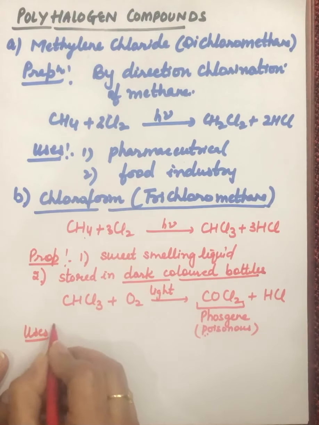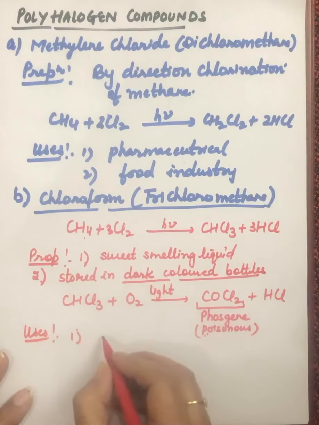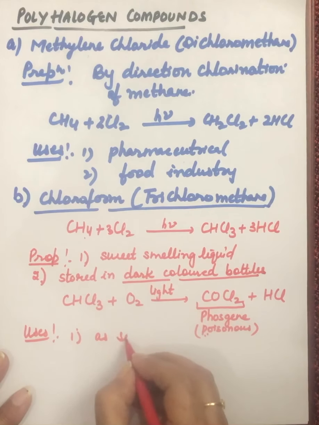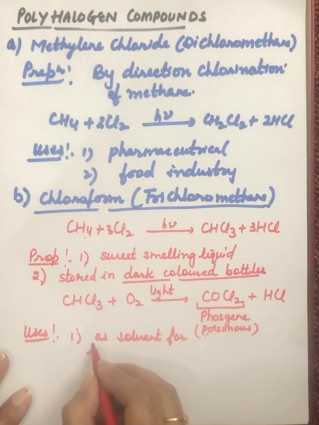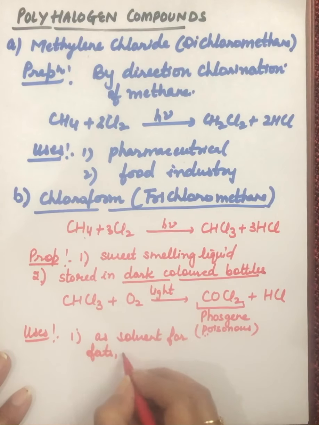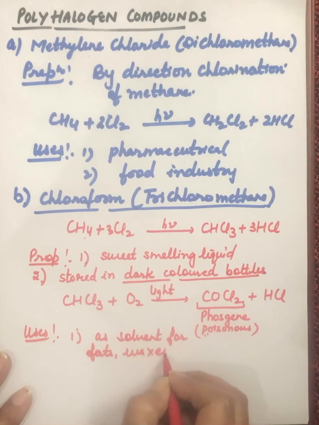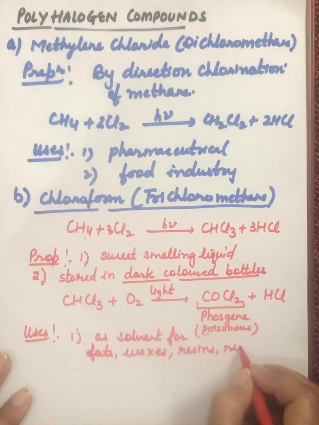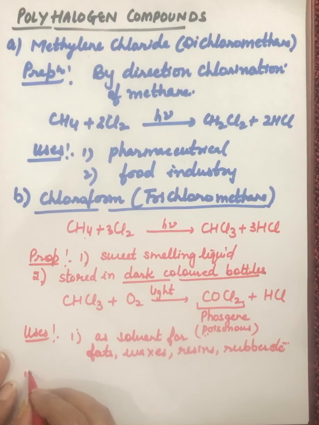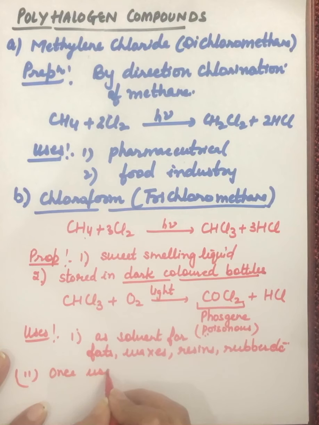Uses of chloroform. It is used as a solvent for fats, waxes, resins, rubber, etc. Second use, it was once used as an anesthetic agent.